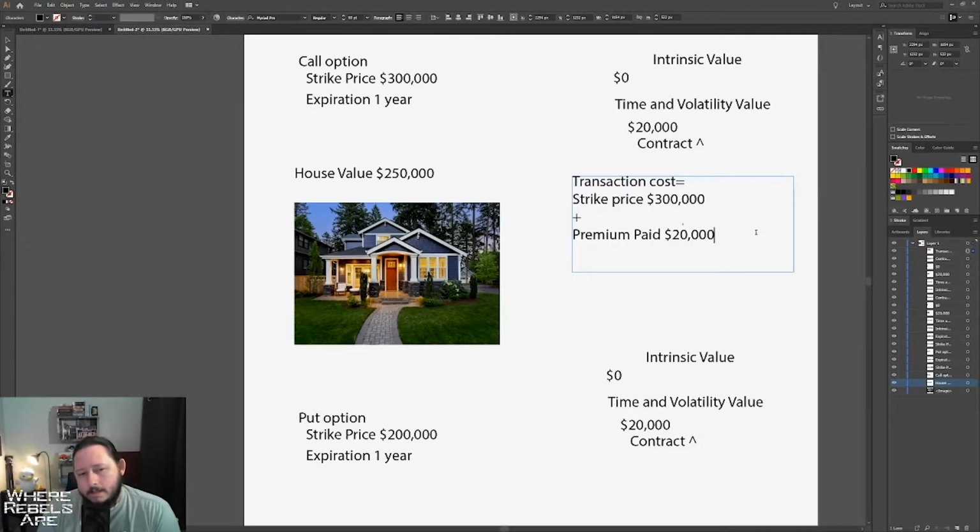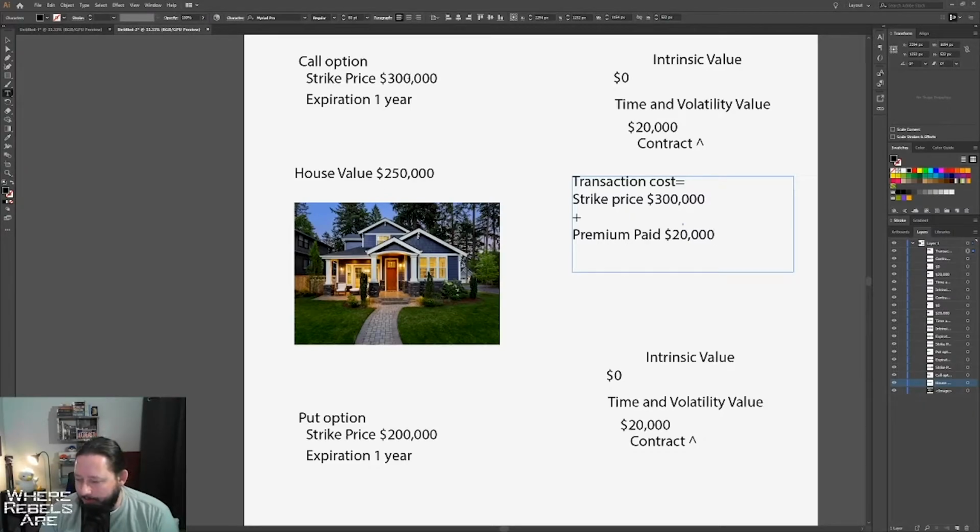So what is the cost of this actual transaction now? A stock, or a house in this example, is at $250,000. But what you're telling me is you think over the next year it's going to go up in value. Now, in order to do that, you buy the contract, and the price does actually increase from $250,000 to $300,000.